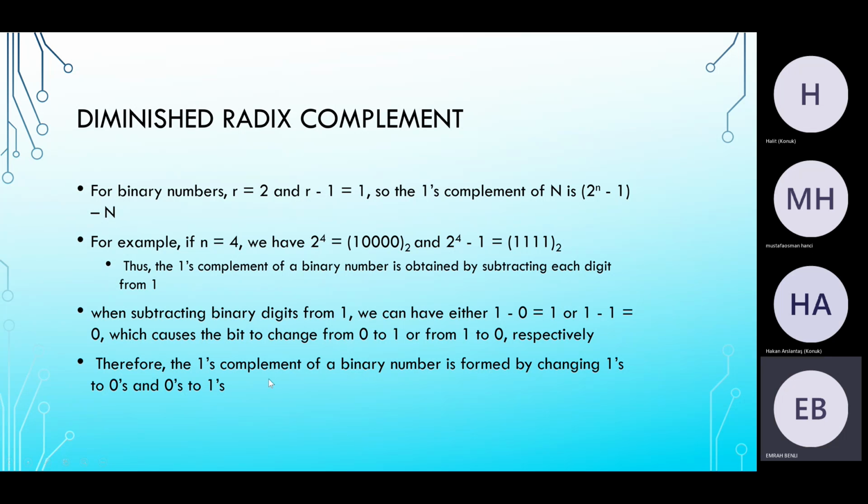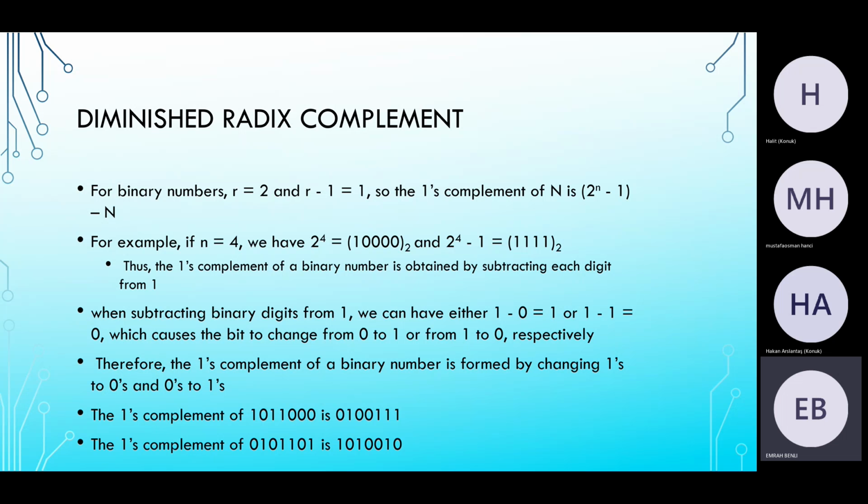So the 1's complement of a binary number is formed by changing 1's to 0's and 0's to 1's. And the 1's complement of this number will be this number. What we did is 0, 1, 0, 1, 0, 1, 1, 1, 0, 0, 0, 1, 1, 0. We just switch 1 to 0, 0 to 1. And this is the same way. You can understand it.